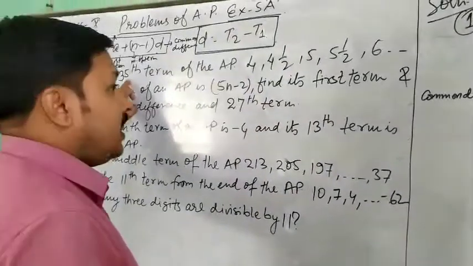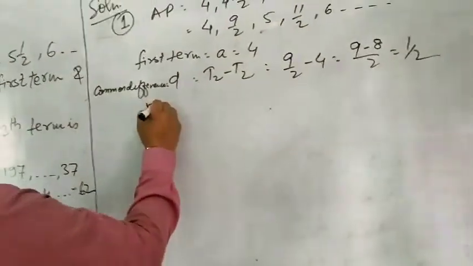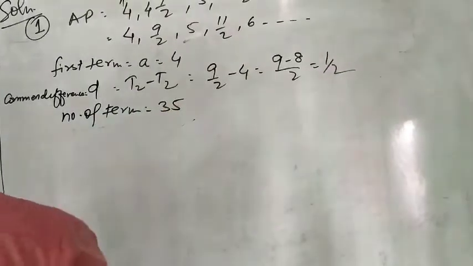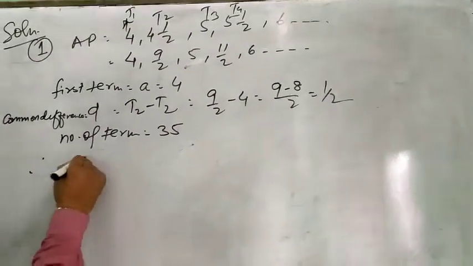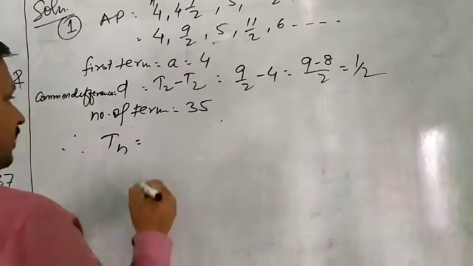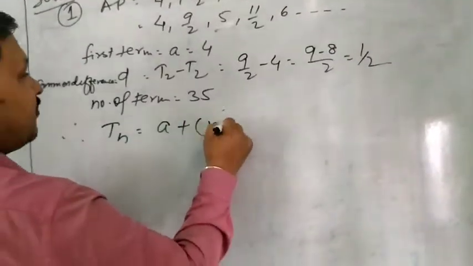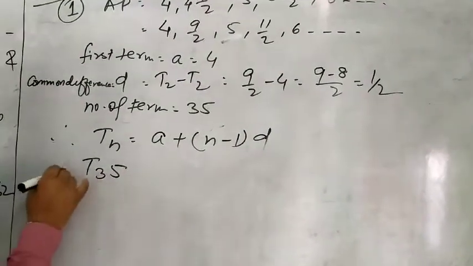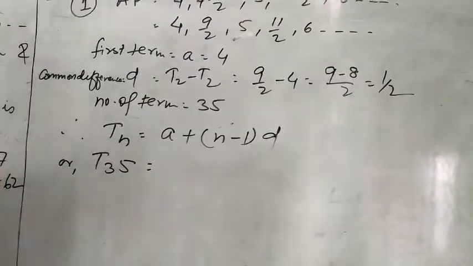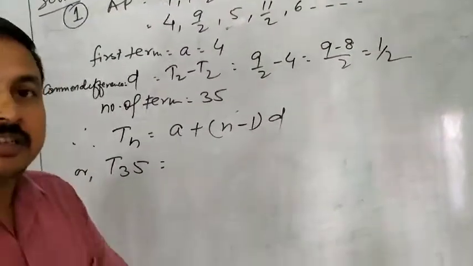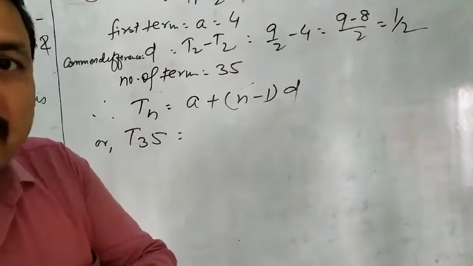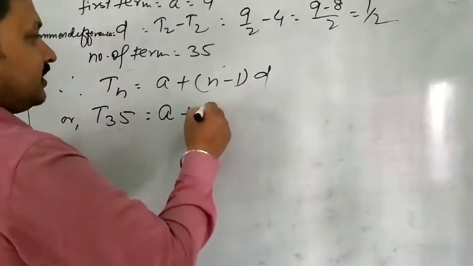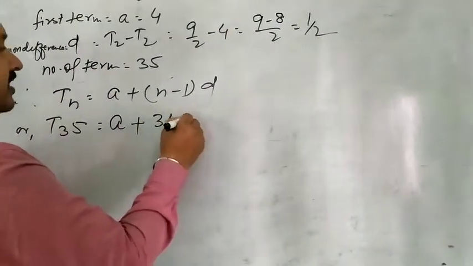And the number of terms equal to 35. So Tn equal to a plus n minus 1 into D, but T35. Already we know that to find any nth term, we subtract 1 and get a plus 34D.